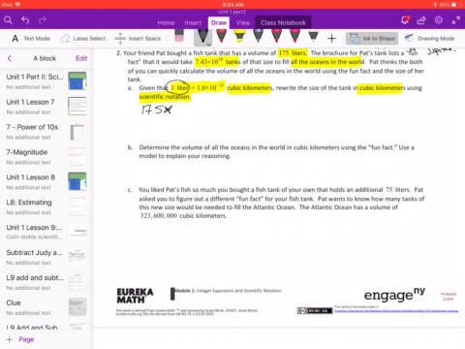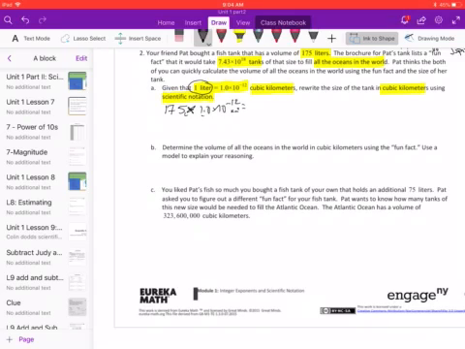So if I multiply it times 1.0 times 10 to the negative 12th, I'll get cubic kilometers, because that's liters, this is cubic kilometers. So when I multiply 175 times 1, I get 175 times 10 to the negative 12th. I didn't even need to change that to scientific notation if I didn't want to.